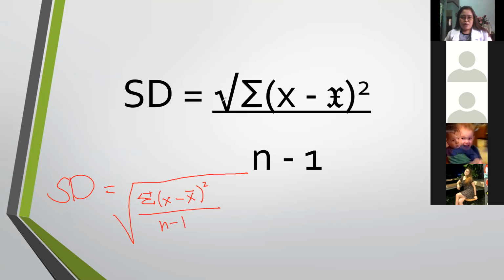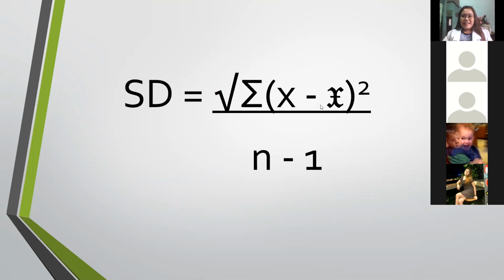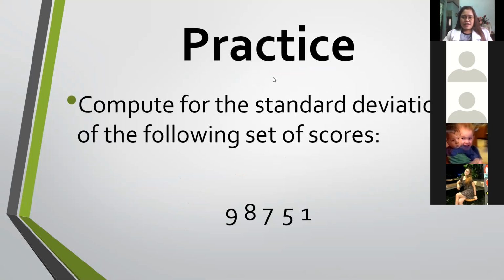The n minus 1 should not be included under the square root. So please check and copy the correct formula of our standard deviation. Anyway, this is being recorded so those who were absent can access it.